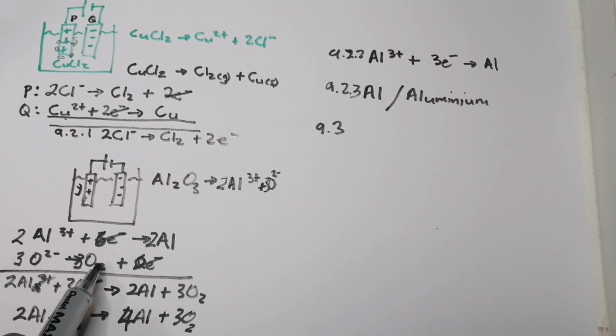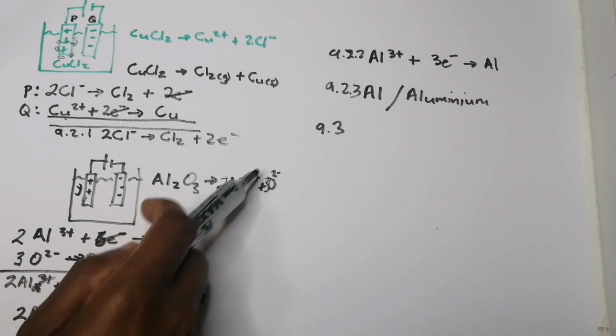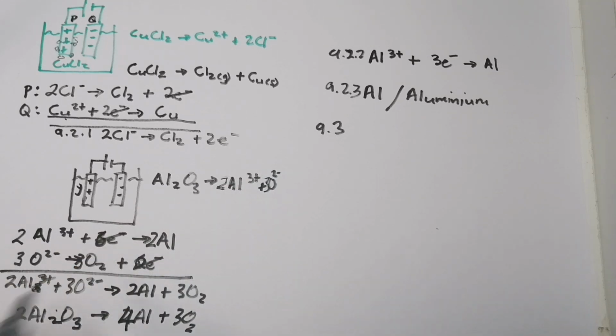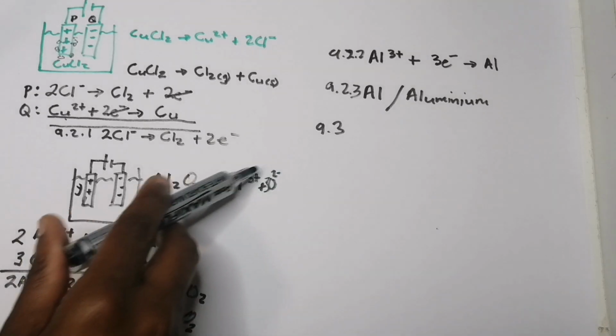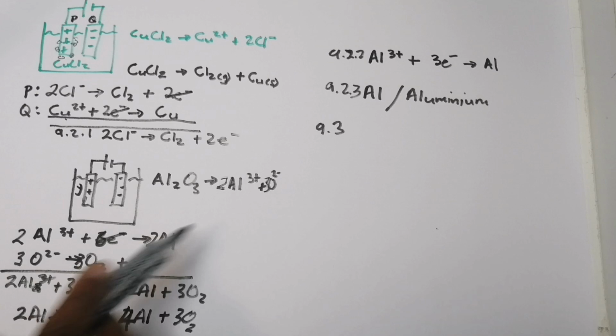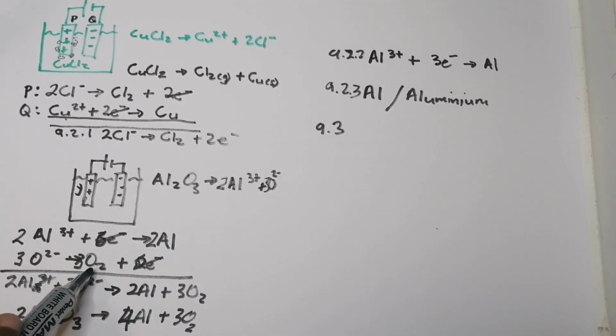This is where we were attracting those oxide ions. So in this case, we are forming oxygen at that electrode.